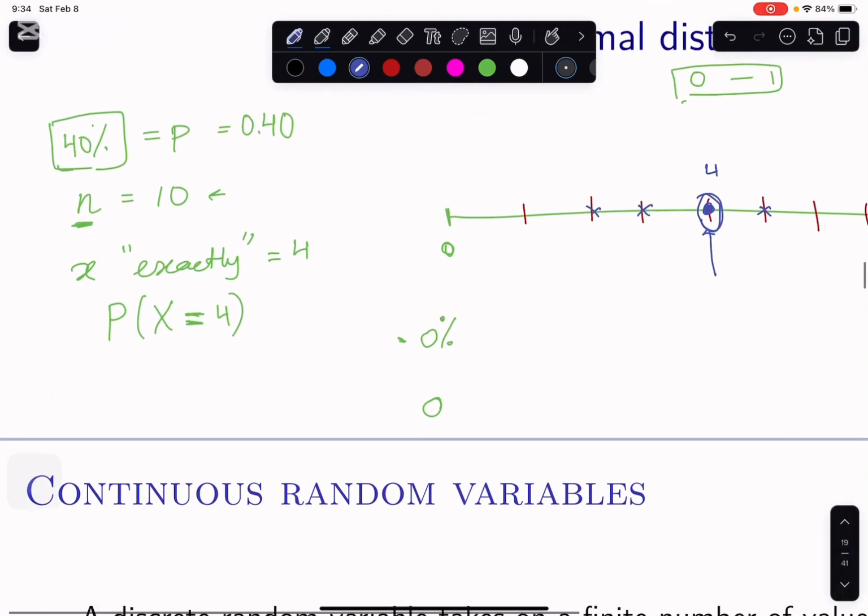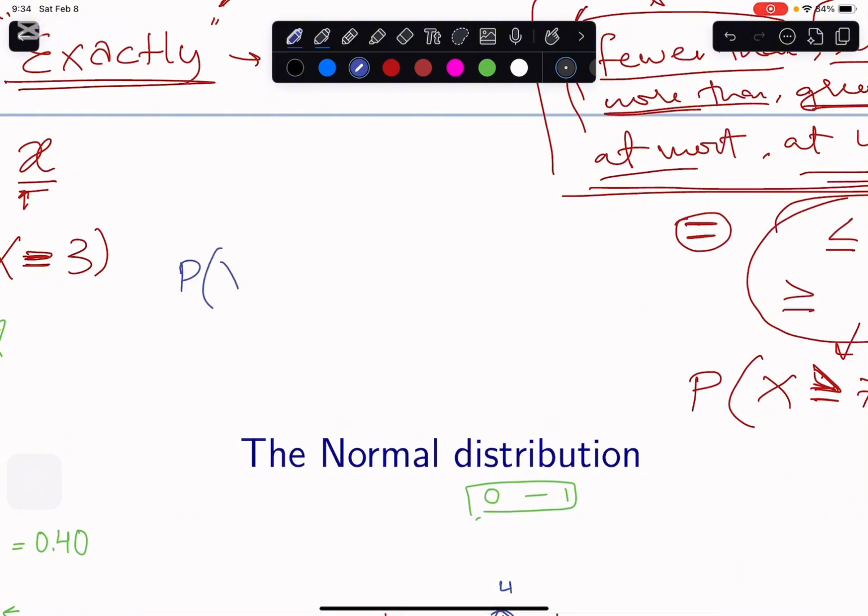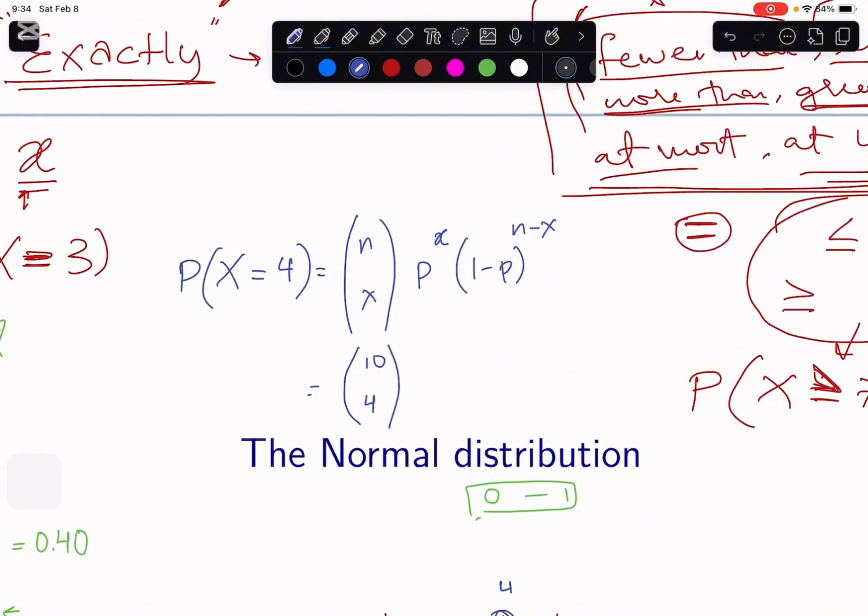What you're going to do is P of x at 4, which is equal to what we said: n choose x, times probability to the power of x, times 1 minus probability to the power of n minus x. Plug in 10, which is the total number of experiments we're going to carry out. 4 is what we're looking for.